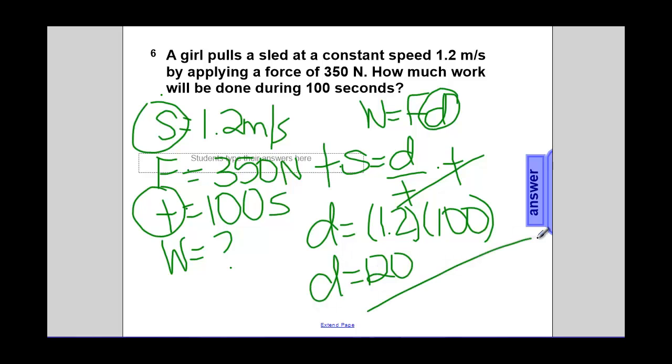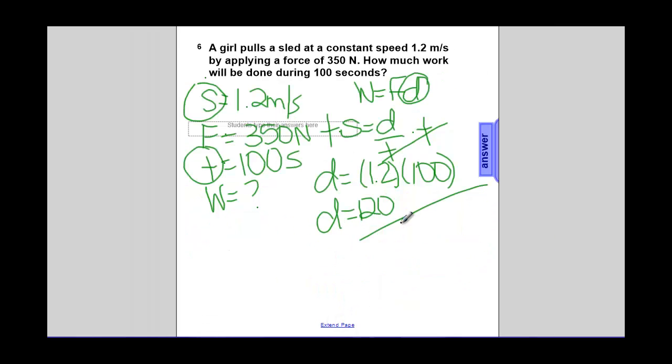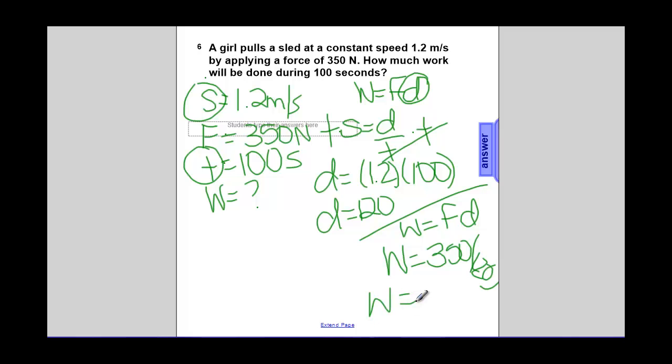So now we can do our work equals force times distance, which gives us 350 times 120. So now our work is going to equal 42,000 joules.